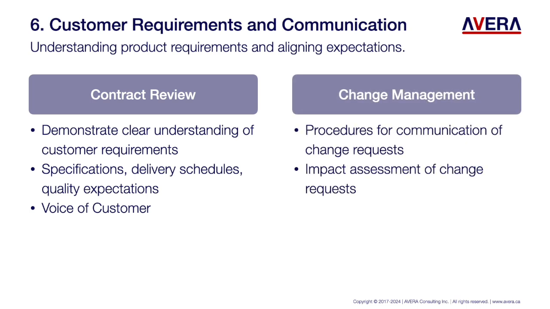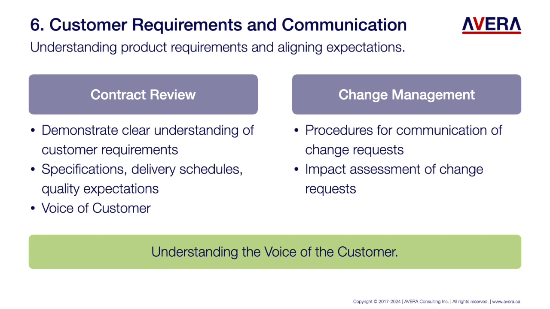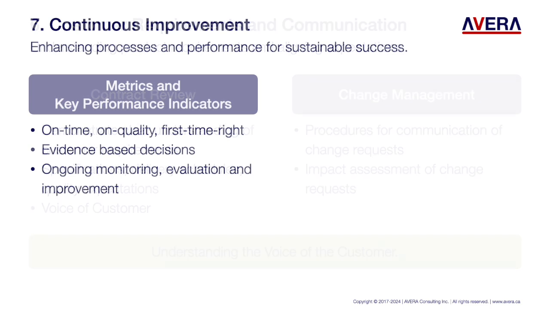Be prepared to demonstrate how changes in customer requirements or product designs are managed. This includes how changes are communicated to the relevant teams and how the impact of these changes is assessed. On to number 7, continuous improvement. Review your key performance indicators related to quality, delivery, and customer satisfaction.